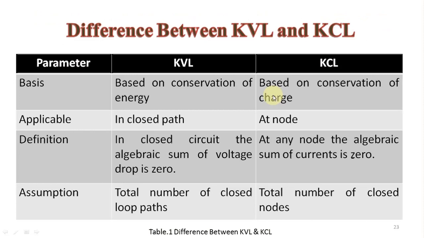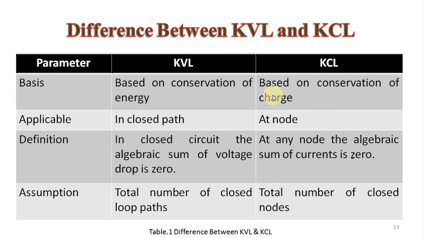So next one is, what is the difference between KVL and KCL? As you know, Kirchhoff's voltage law is based on the conservation of energy, and KCL is based on the conservation of charge. KVL is only applicable to a closed path, and KCL is only applied to a node or junction.